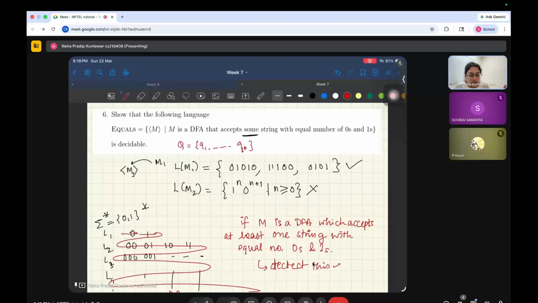So let's say 1 is my separator. I'm mapping q1 to 0, I'm mapping q2 to the string 0 0. Then 1 is my separator, and I'm mapping q3 to 3 zeros, and so on.